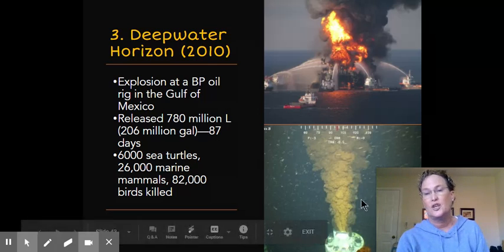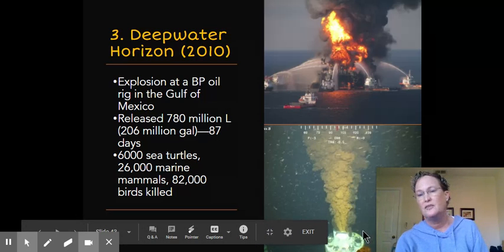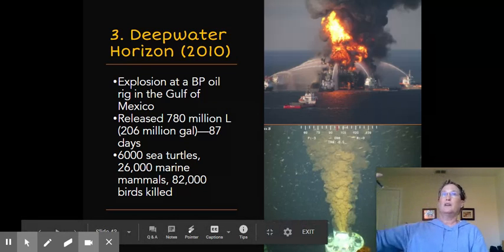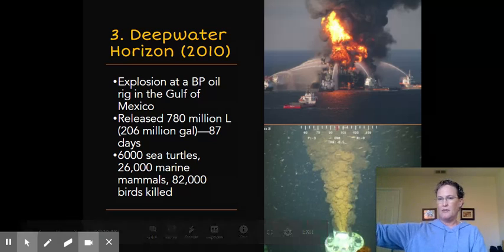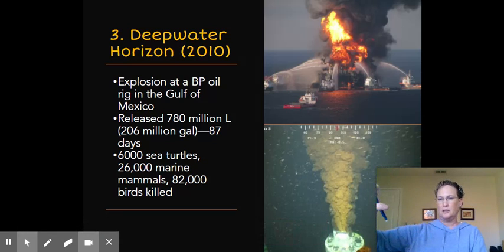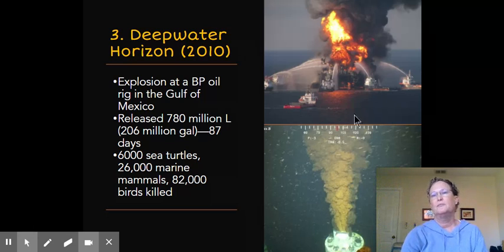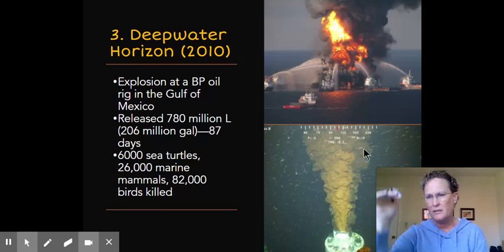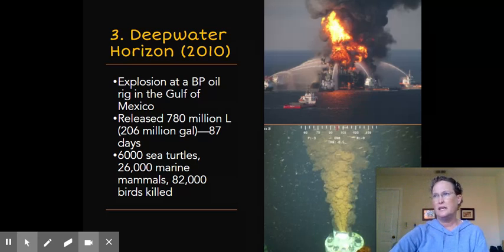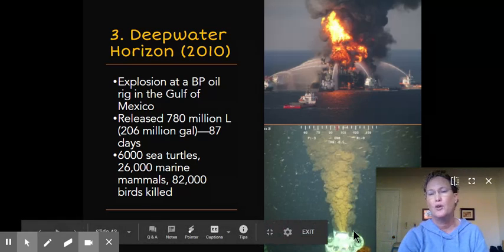And this was just a crazy thing. So what this is a picture of is a video feed. What happened was this oil rig out miles off of the coast exploded, and then the pump that was underwater, there was a huge drill that went down, and they were drilling in the ocean, and then this thing broke off.